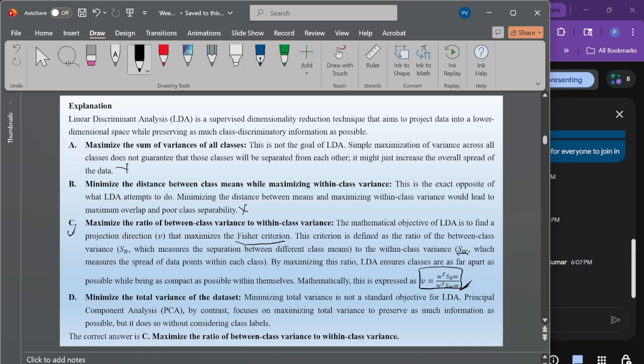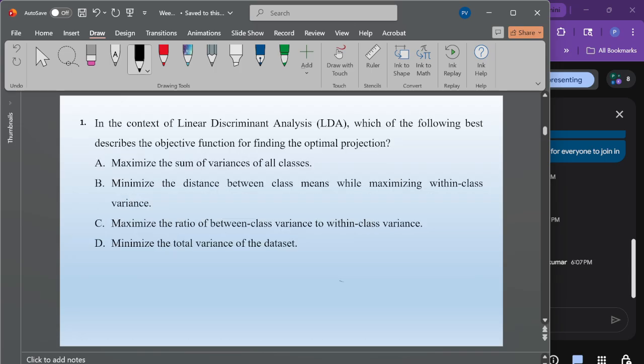By contrast, principal component analysis focuses on maximizing total variance to preserve as much information as possible, but it does so without considering class labels. So the correct answer is maximizing the ratio of the between class variance to within class variance. Option C is the correct answer.